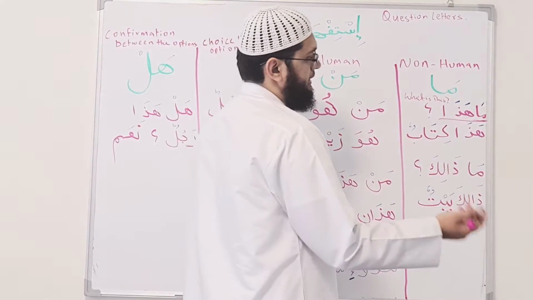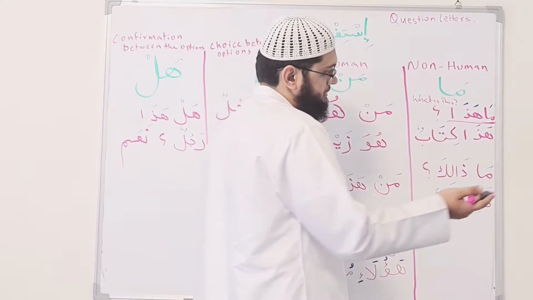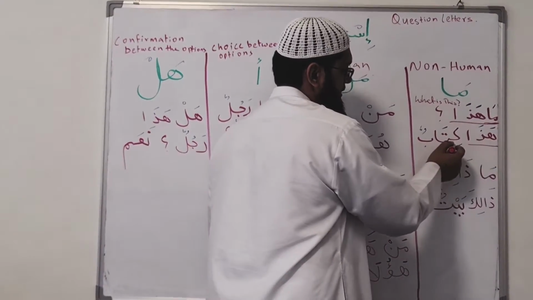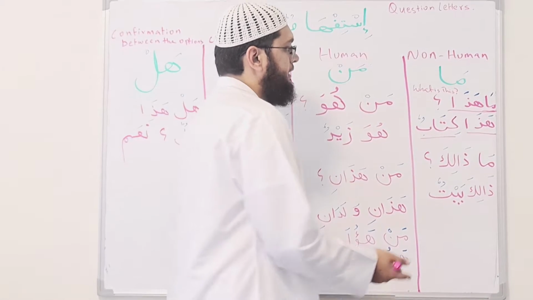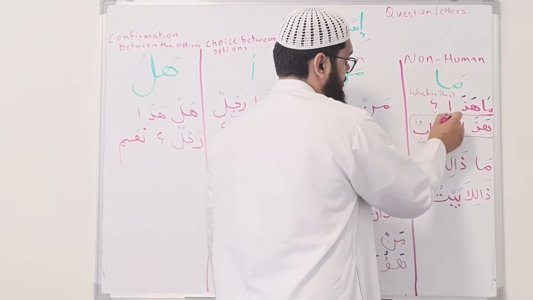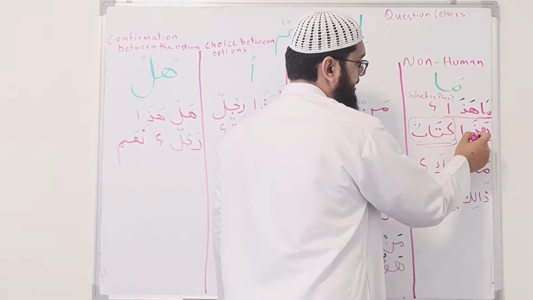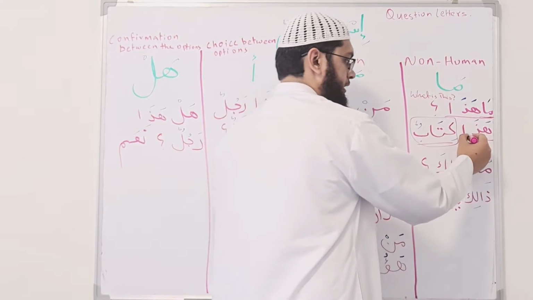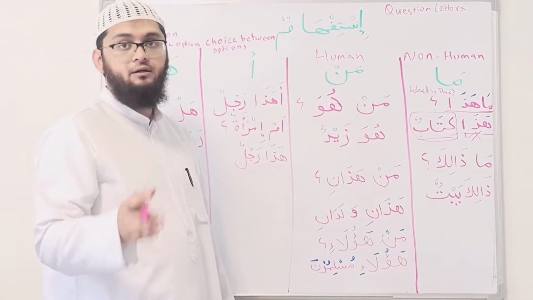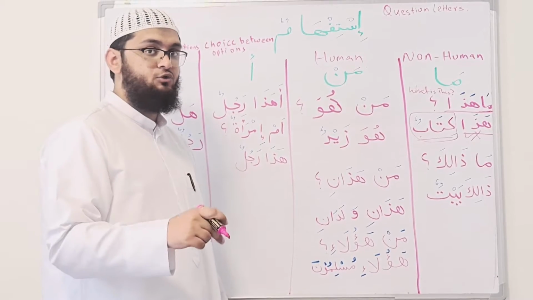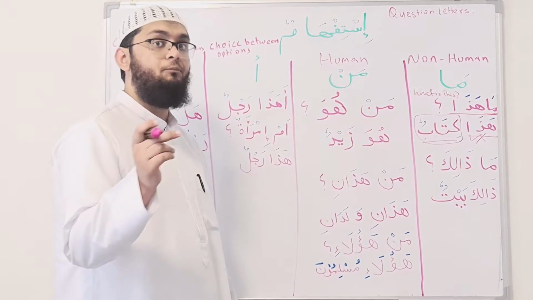And in the reply, the person I'm asking the question will say to me, hada kitabun. This is a book. Or he can just say kitabun. That's fine. He can repeat hada again, and he can repeat too. If he's repeating hada again, he clears it up that exactly this thing you're asking about is a book.